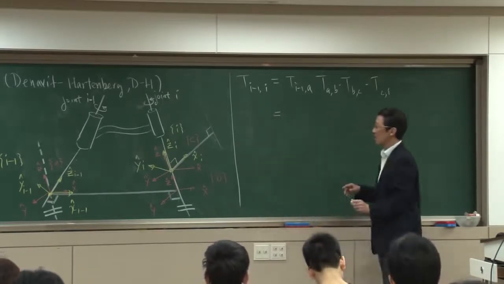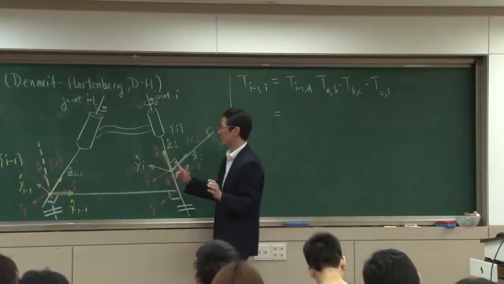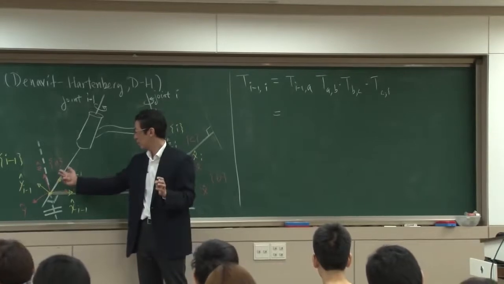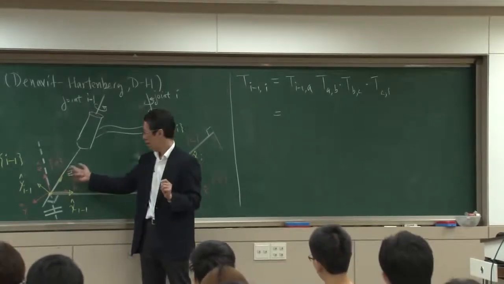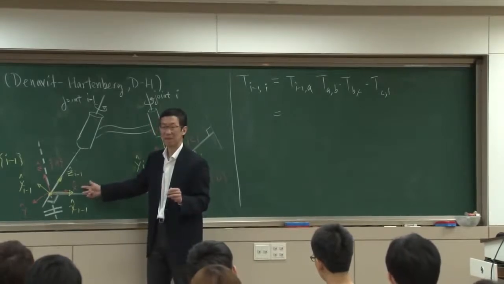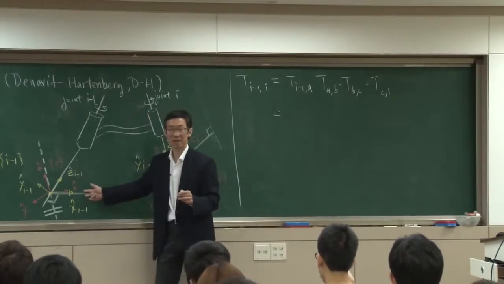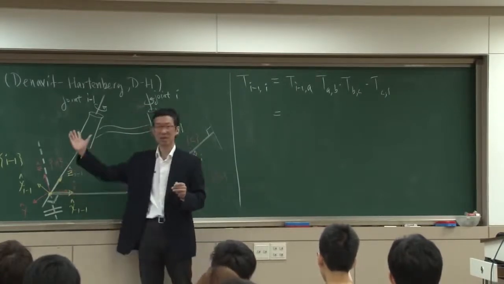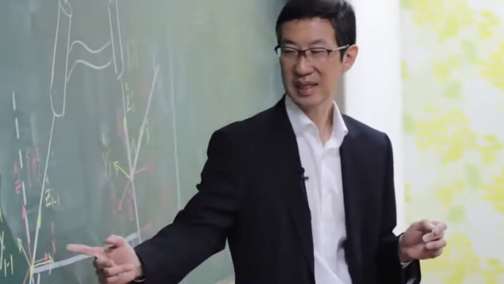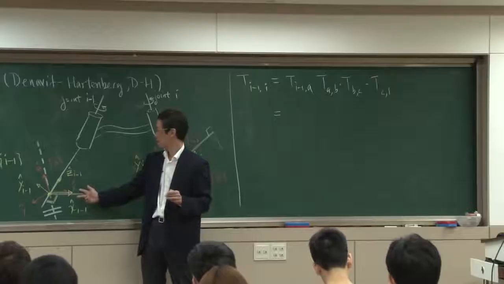All right, so what's T I minus 1 to A? I'm standing at frame I minus 1. I want to write down the orientation of frame A. And what do you notice? The x direction is the same for both frame A and frame I minus 1. The y and z are different. So what we've done is we've rotated around axis x. By what angle? What's the angle of rotation?